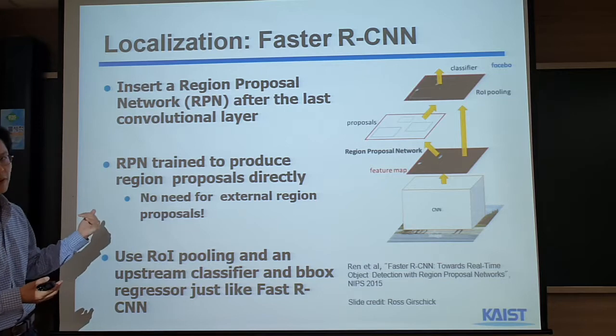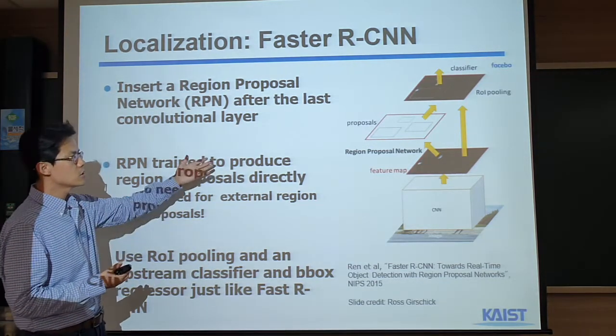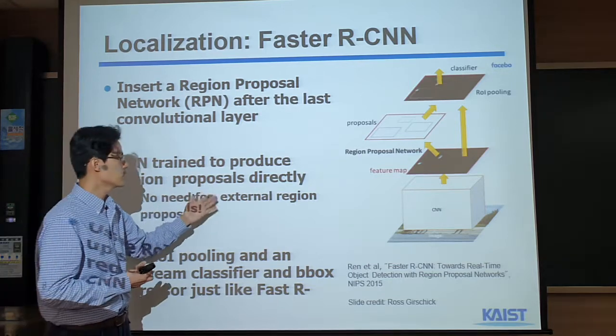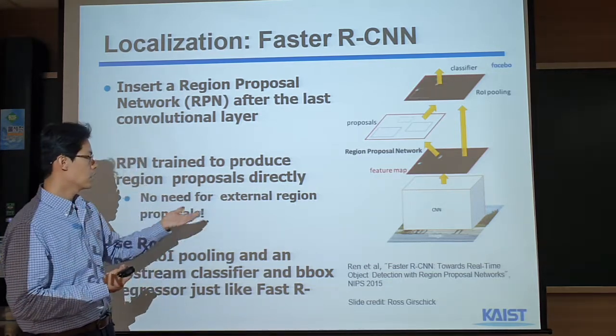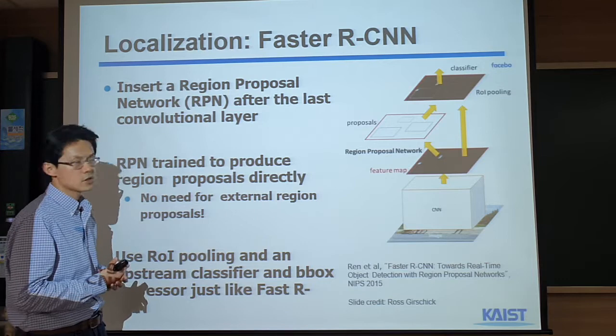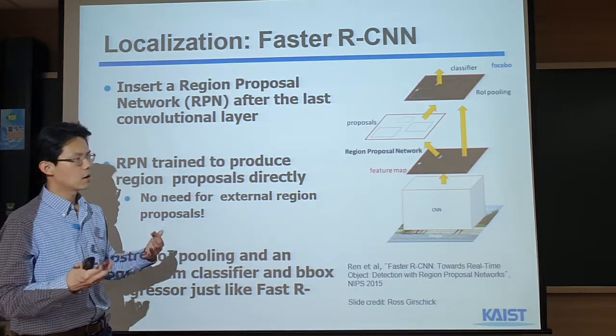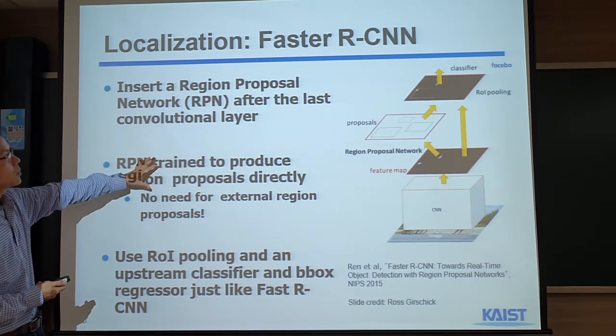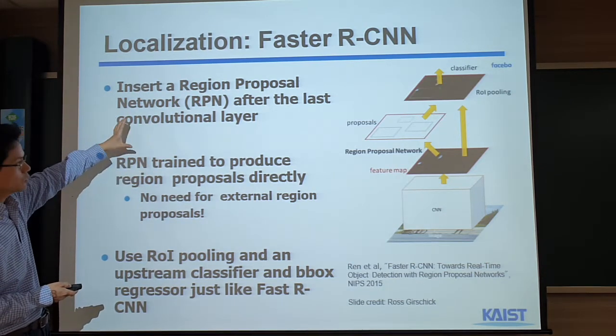In many cases, you needed some external region proposal method, which was not deep learning based. This is one of the early papers that proposed an actual region proposal network that can be trained.